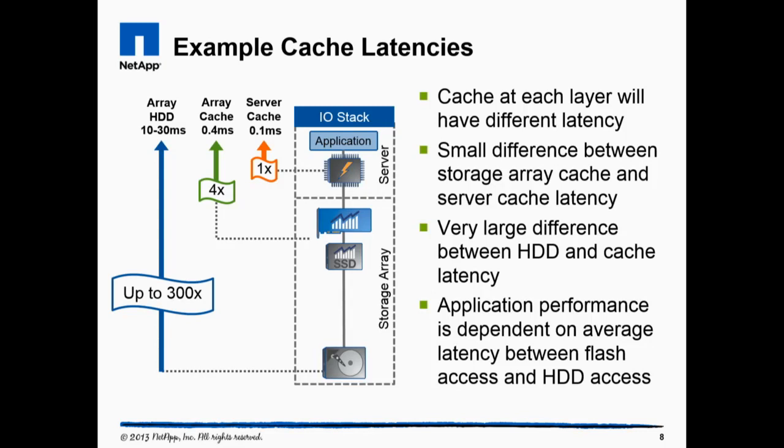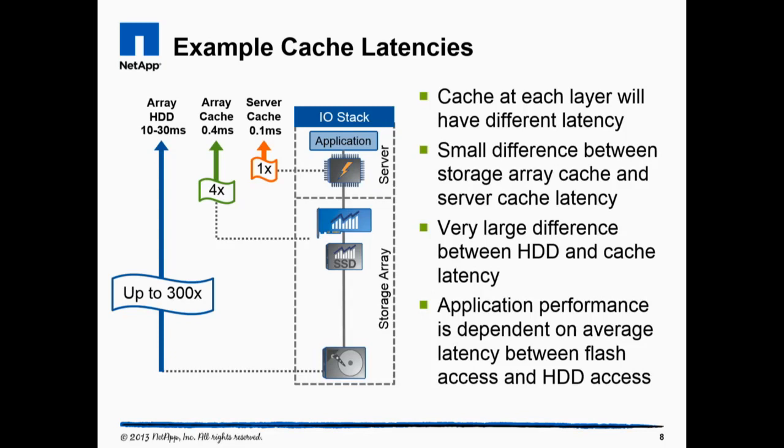In terms of user experience, those are very close, almost indiscernible. But then if you compare both of those to the latency capabilities in traditional storage media, there's up to a 300x performance difference there.